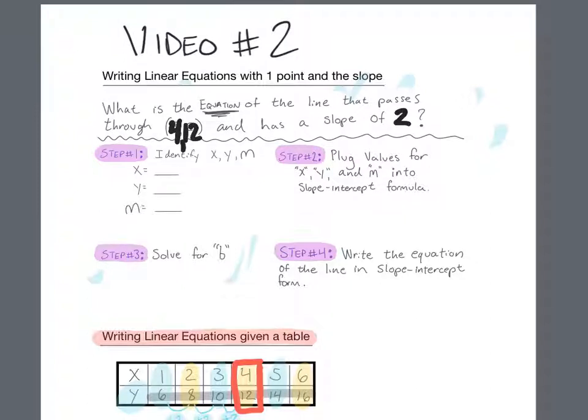Same thing. So we're going to identify M first. M is going to be a 2.